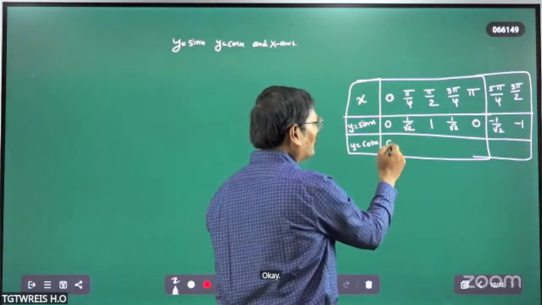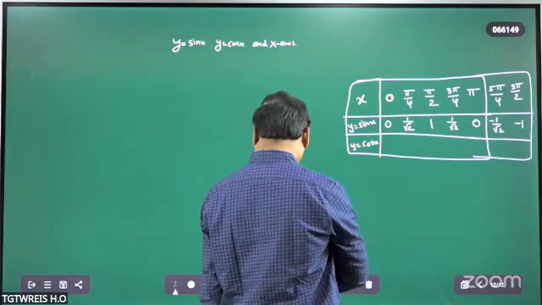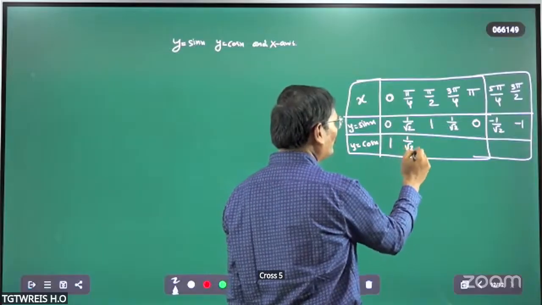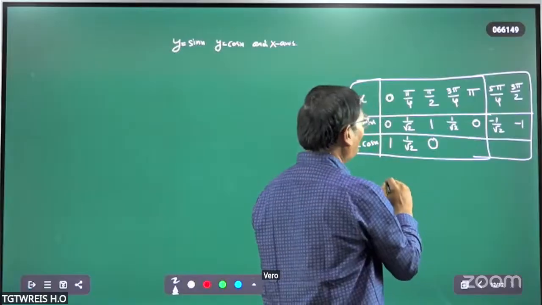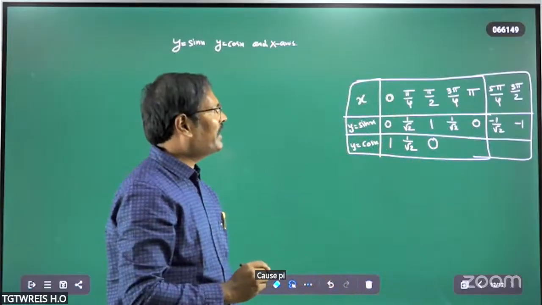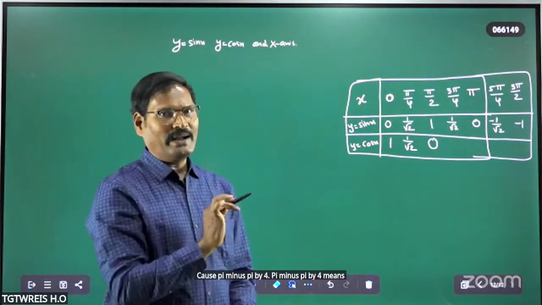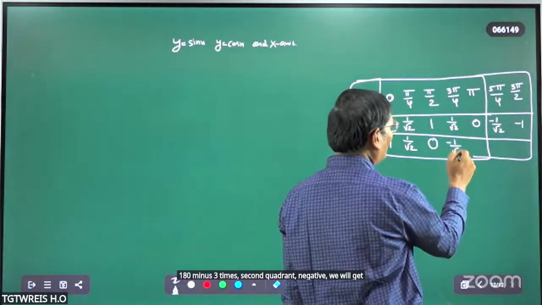Cos 0 is 1. Cos pi by 4 is 1 by root 2. Cos pi by 2 is 0. Cos 3 pi by 4, cos of pi minus pi by 4, 180 minus theta, second quadrant negative, we will get minus 1 by root 2.